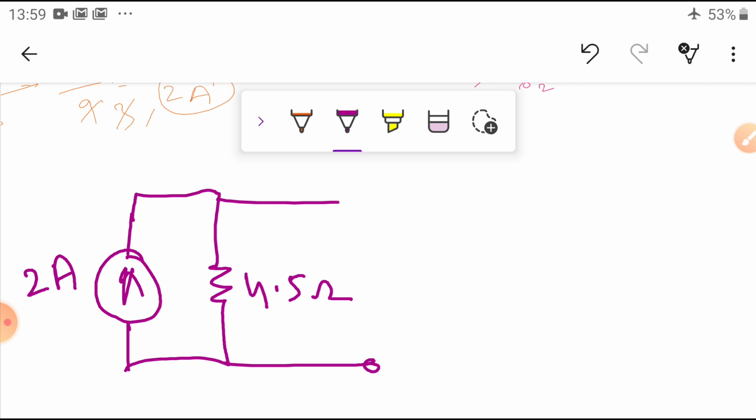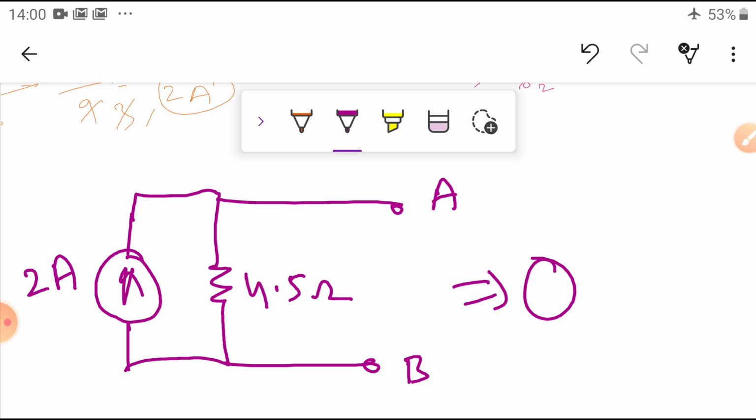This is terminal A and B. This is the required circuit. If you connect any resistance here, you can easily calculate the current. Dear students, you do the same problem. I think you got the idea of what this theorem is.